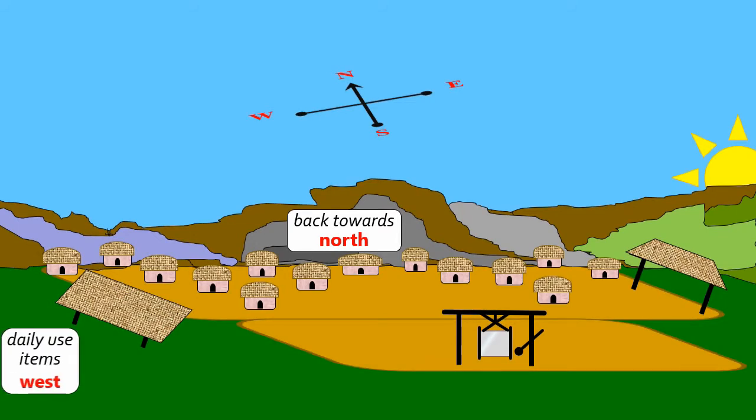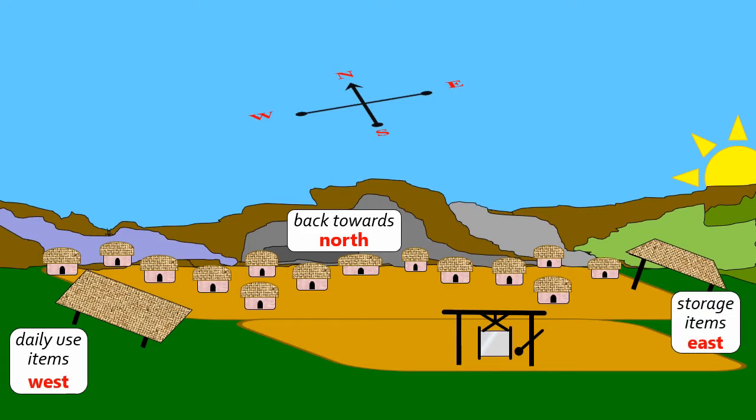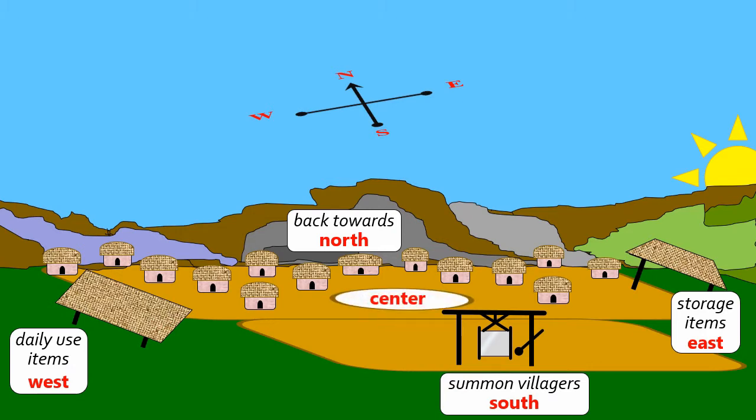Those tools and items for daily use were stored in open baskets inside sheds located on the west side, while long-term storage items were bound up and stowed in baskets on the east side of the village. The author, Shen Kai, says this is the origin of the 4 directions north, south, east, and west.